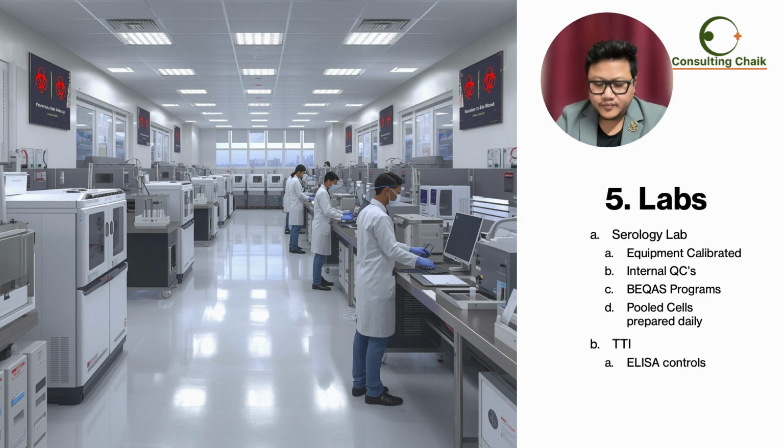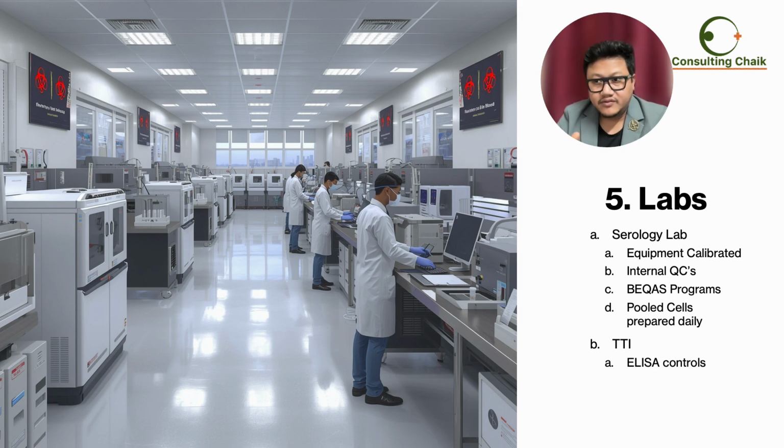In TTI, you have to do the ELISA controls for each plate. It is a little different from how we do it in biochemistry or in hematology, because you're not getting just one number. Especially for the negative control, your value is so small that you also need to add the cutoff values.